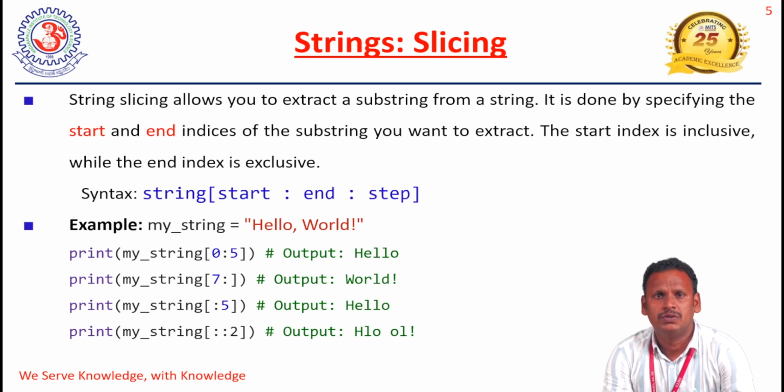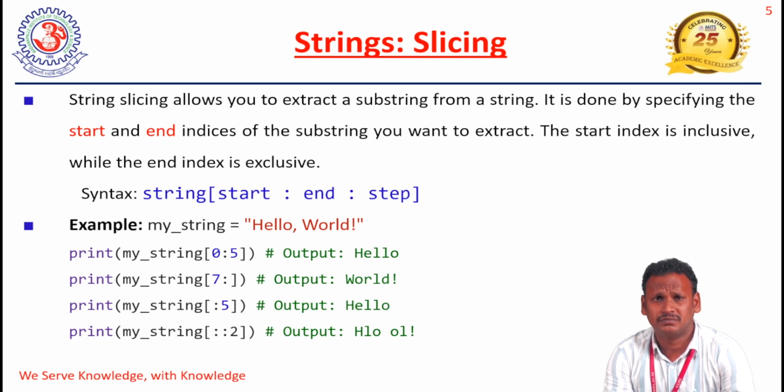In this example, my_string[0:5] is the slicing syntax. 0:5 means it will start at index 0 and end before 5. The ending index is not inclusive, it is exclusive, so we do not take it into consideration. That's why the output is hello only. H is the starting index 0 and O is the ending index 4. From 0 to 4 only it will print.